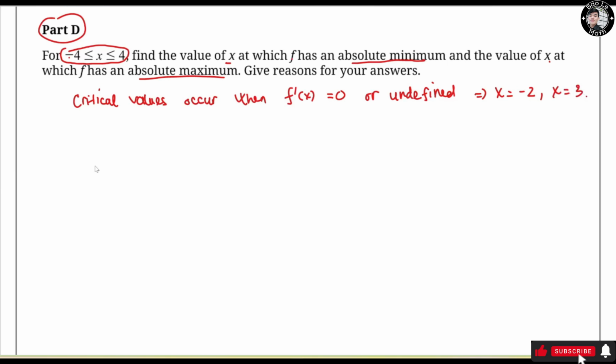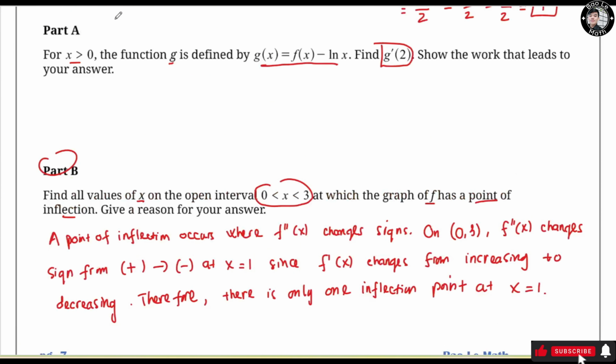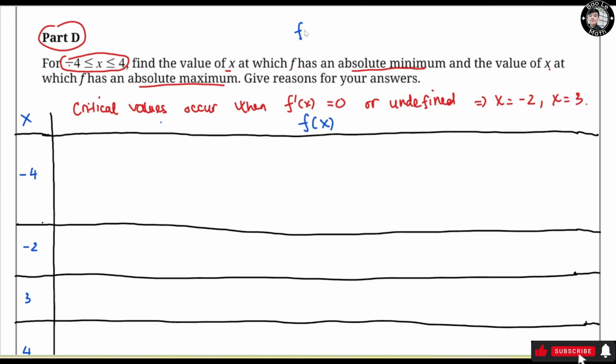Now we're going to use the candidates test, so we're going to sketch the table as follows. Now we need to take advantage of this: f of 2 equals 3. Now we're going to use the fundamental theorem of calculus. So we have the integral from -4 to -2 of f prime of x dx equals f of -2 minus f of -4.